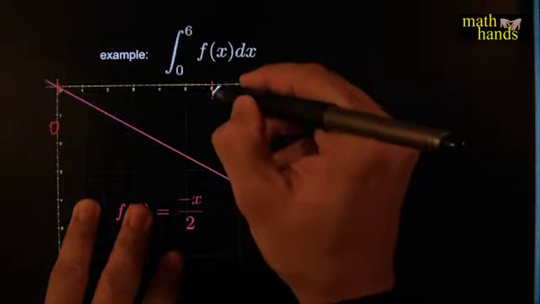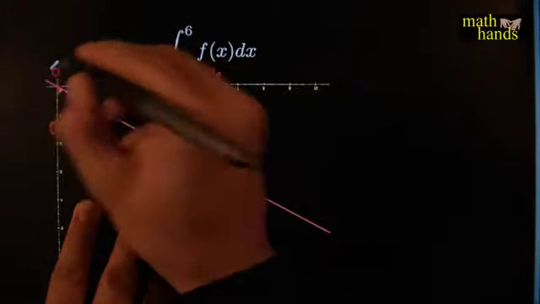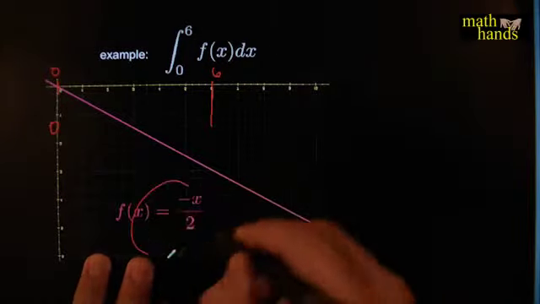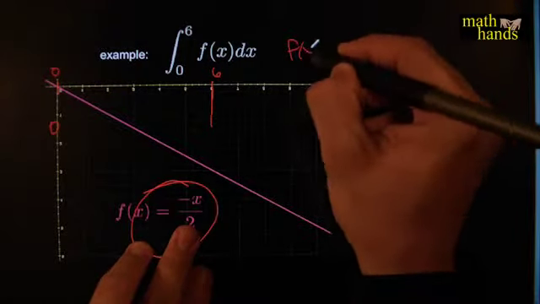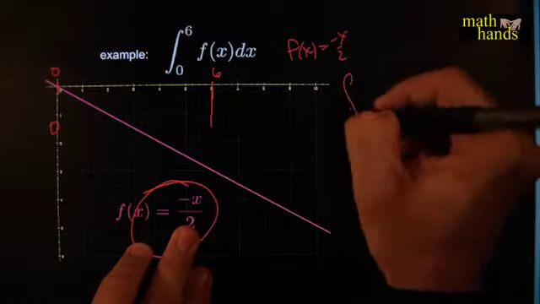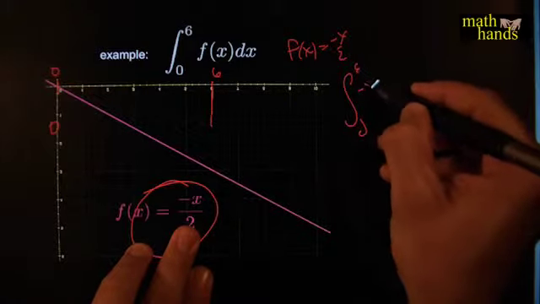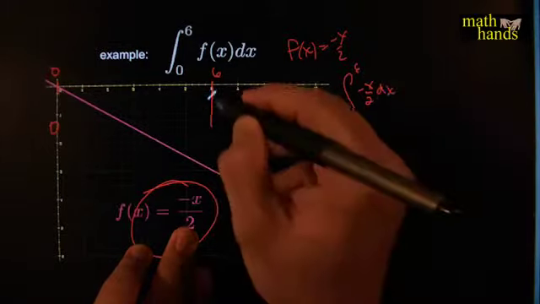What if you went from 0 to 6? From 0 to 6, and the function in this case was the negative of the other one. F of x is equal to negative x over 2, so therefore this is the integral from 0 to 6 of negative x over 2 dx. Well, think about it.